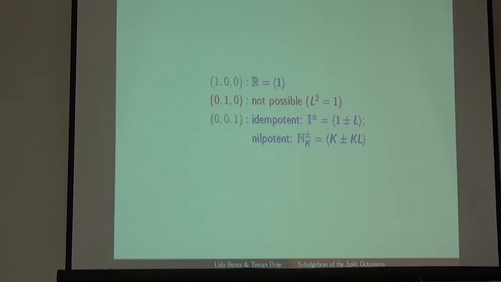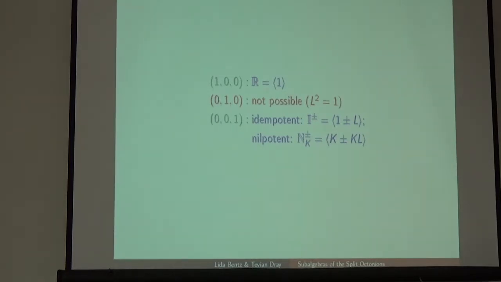But we can have signature 0, 0, 1. We can do that with an idempotent element, with something like 1 plus L, or 1 minus L. And we can also do that with our nilpotent elements, so things like K plus KL, K minus KL, I plus IL, J minus JL.